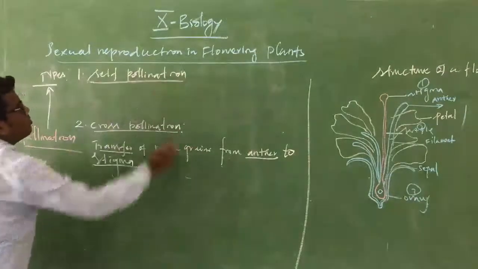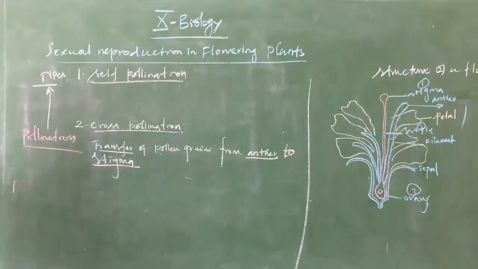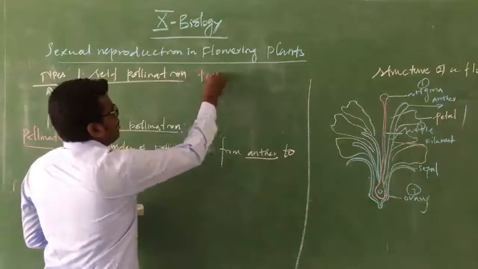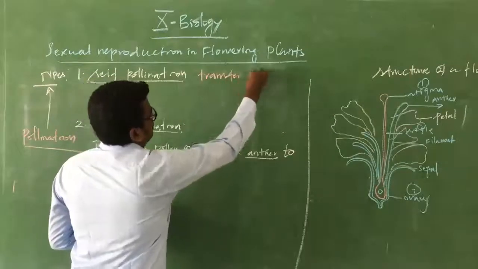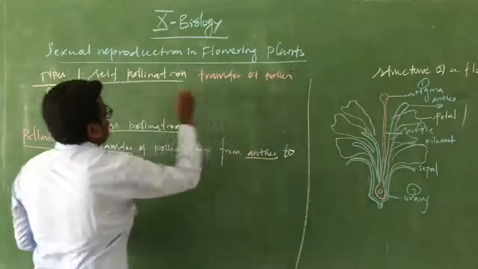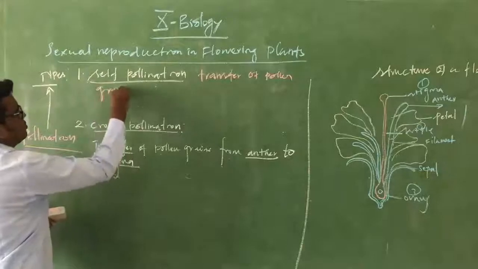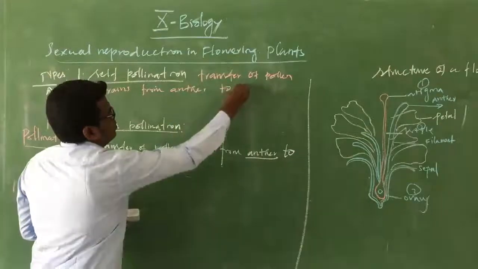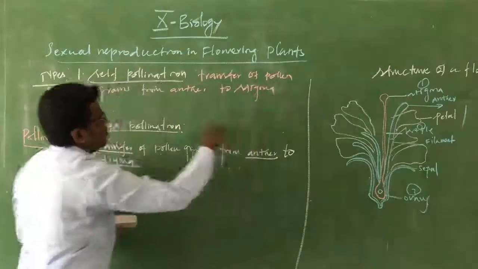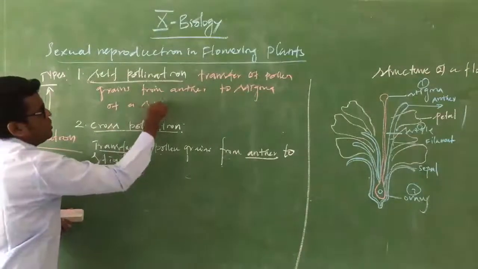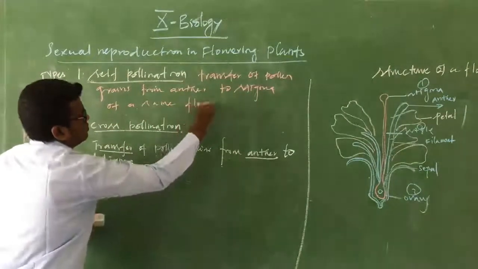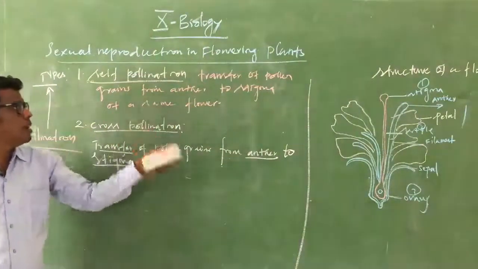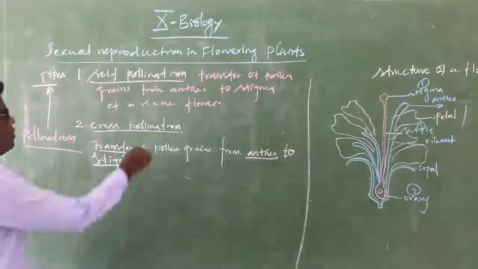What is self-pollination? The transfer of pollen grains from anther to stigma of the same flower.